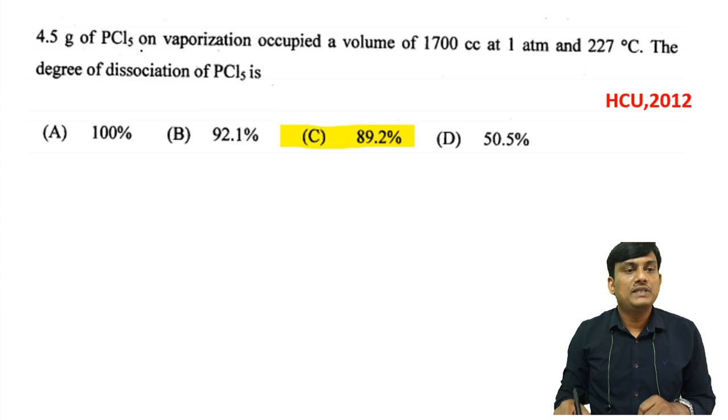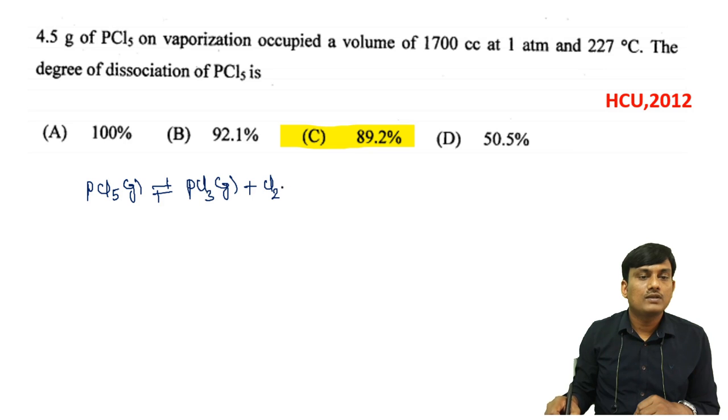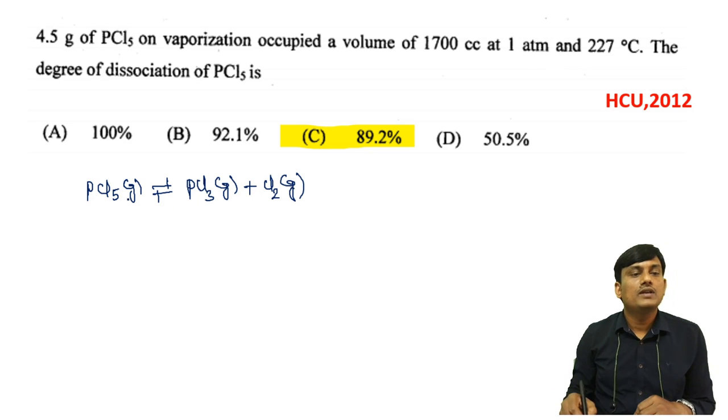4.5 gram of PCl5 on vaporization occupied a volume of 1700 cc at 1 atmosphere and 227 degrees centigrade. The degree of dissociation of PCl5 is? Okay, this is the PCl5 gas dissociating into PCl3 gas plus Cl2 gas.